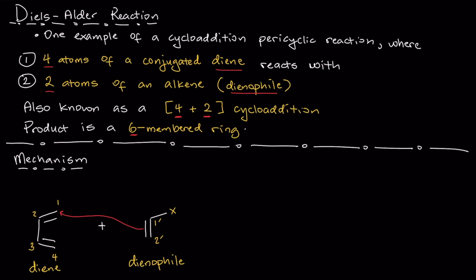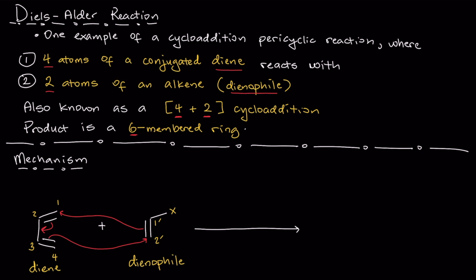Then the 1,2 pi bond breaks, and the electrons move over to form another pi bond between carbons 2 and 3. Then the 3,4 pi bond breaks, and the electrons are used to form a sigma bond between carbon 4 and carbon 2'.